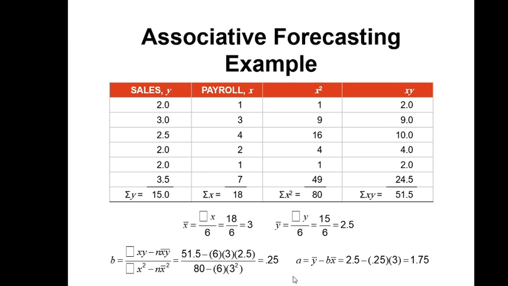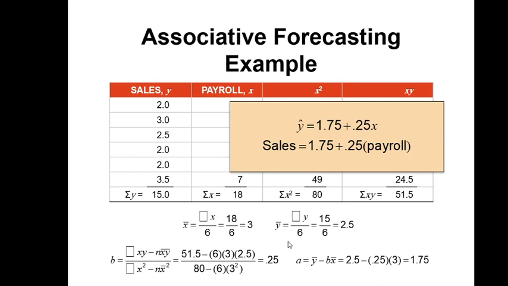We have to substitute now the value of B and the value of A in our equation. So our sales, which is the Y hat, will be equal to 1.75 plus 0.25 multiplied by barrel, which is here the X. It's not time anymore. Here we have to substitute, of course, 6 billion, because it's given in our question.